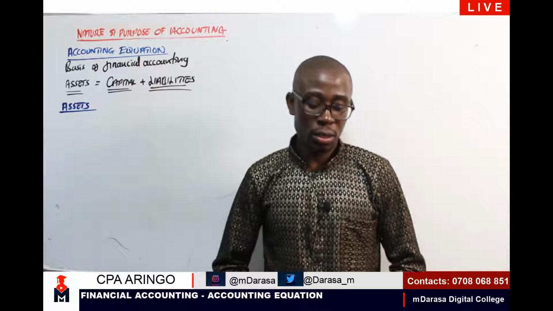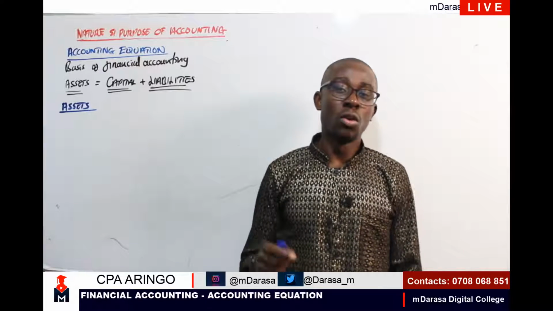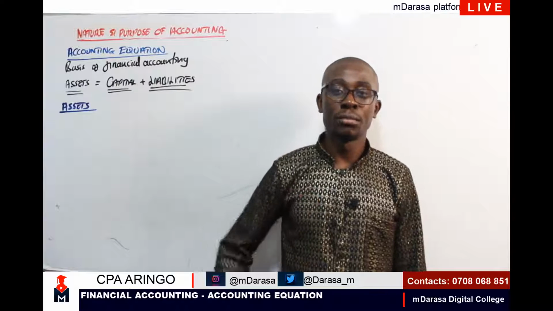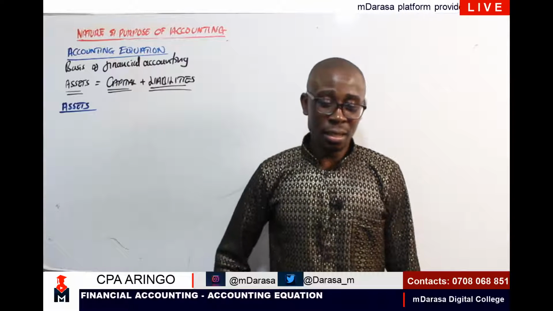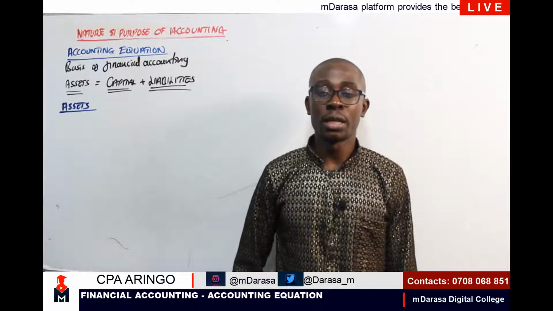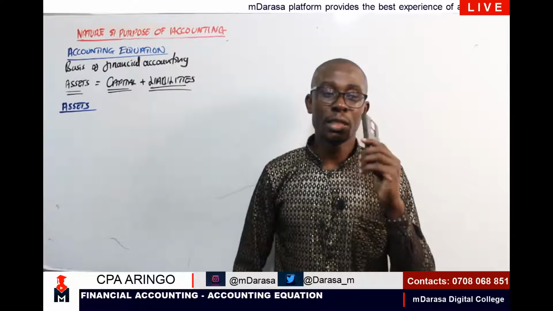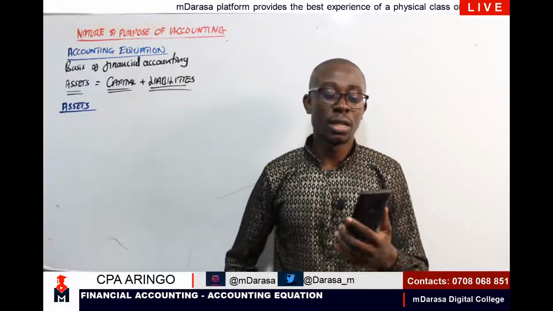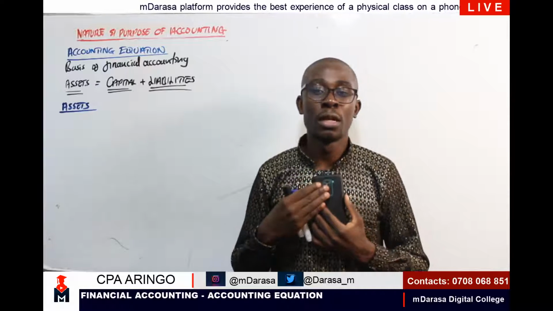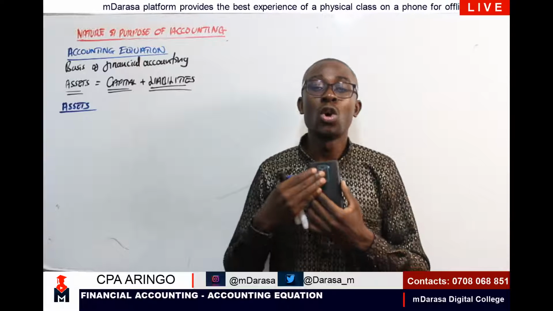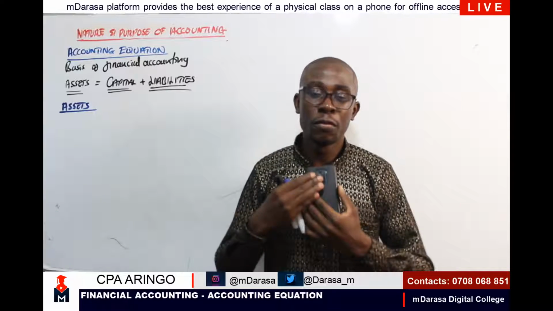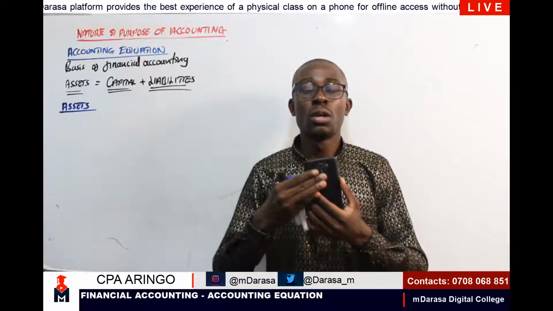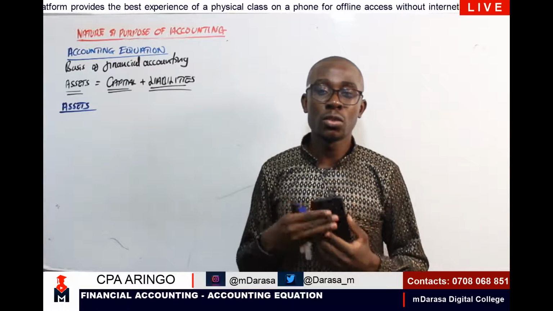You had cash of your own, and you went to a supermarket or a shop and purchased a phone. This phone, you're going to say, is my phone. I own this phone.